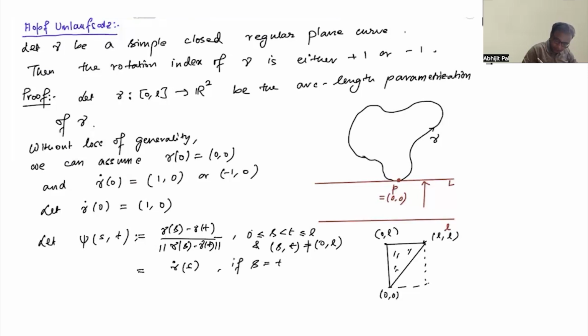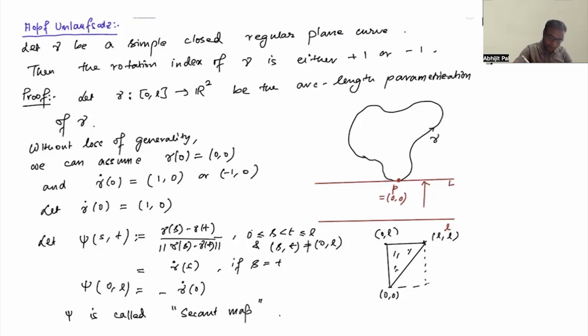And I have to define psi of (0, L), which is defined to be minus gamma dot 0. This is my definition of psi. Psi is called the second map.